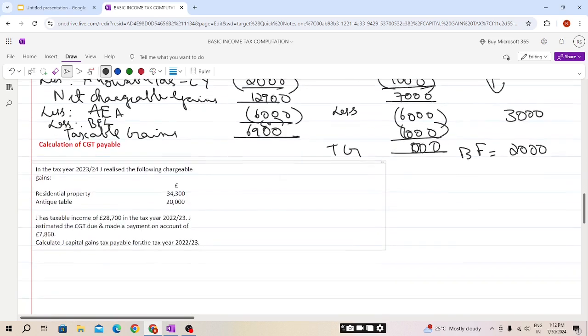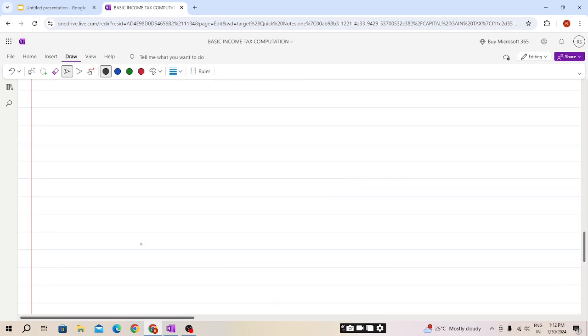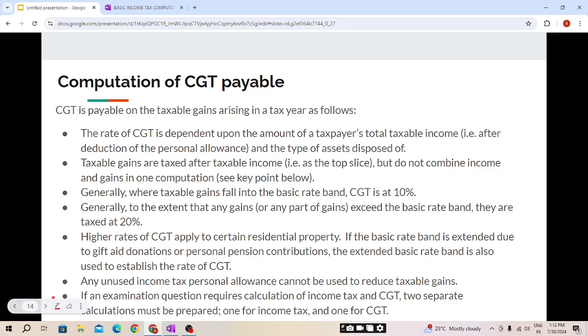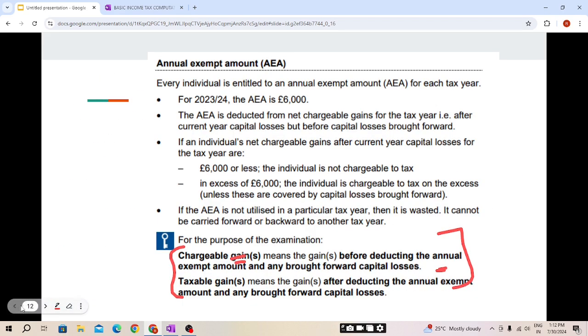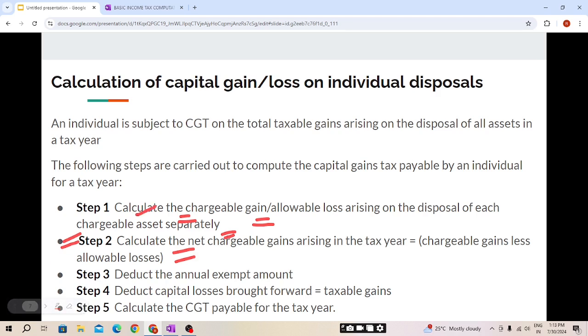Now students, we will be seeing the calculation of CGT, the last important topic. As we have seen, step number 1 done. Step number 2, net chargeable gains, that is the chargeable gains less current year loss. We will arrive at our net chargeable gains.